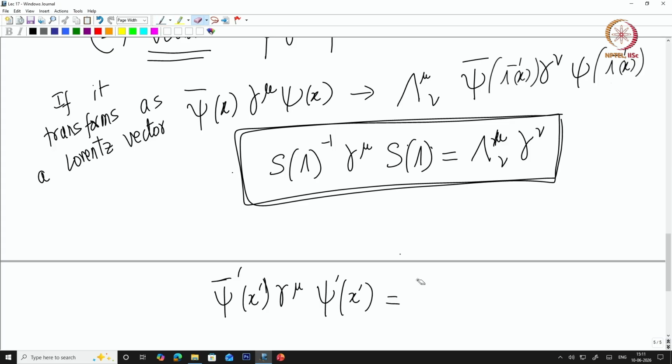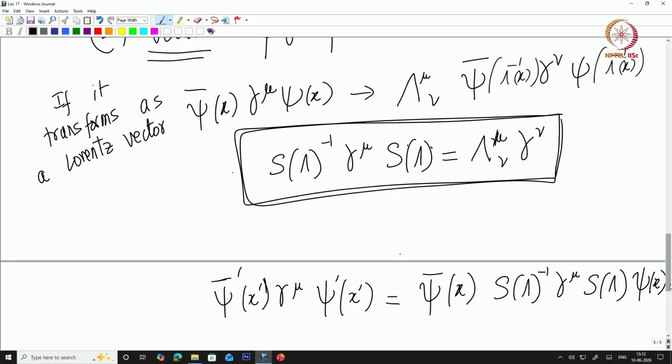Now you expand everything, and you can show that you will end up having psi bar of x, S inverse gamma mu S of lambda, and then psi of x.